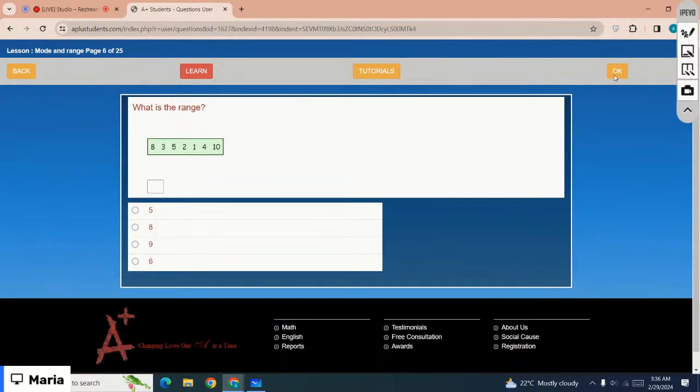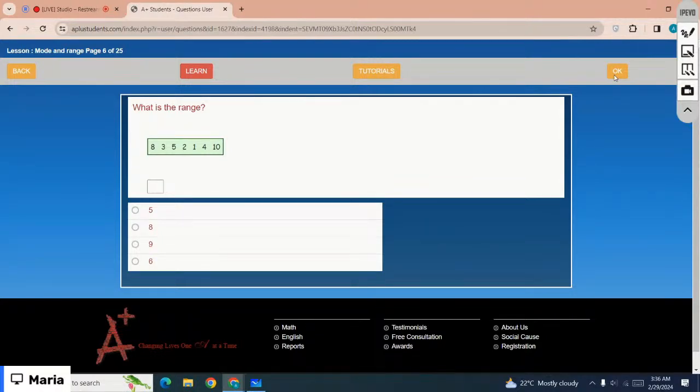What is the range? Which is the correct option? That is 10 minus 1.